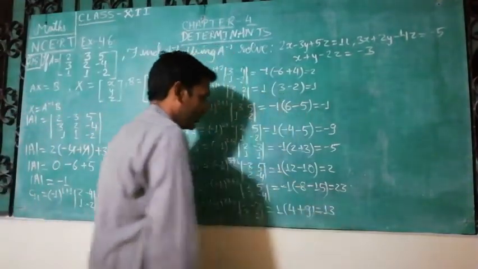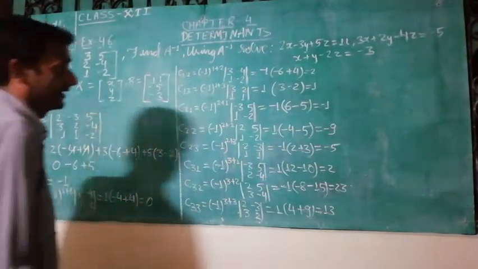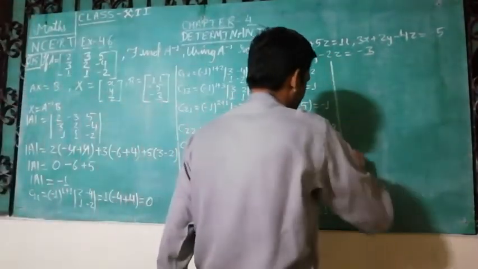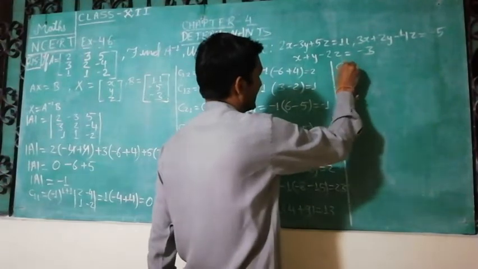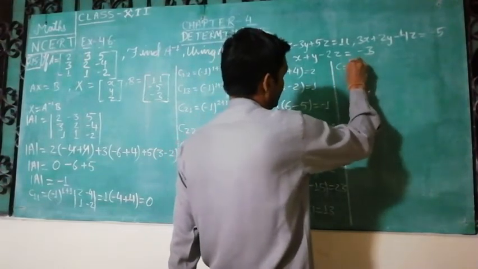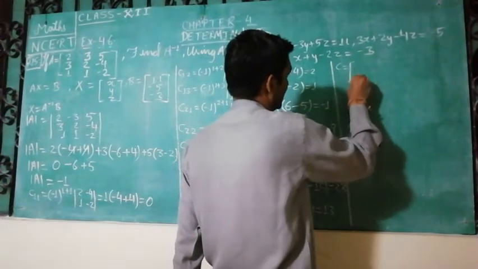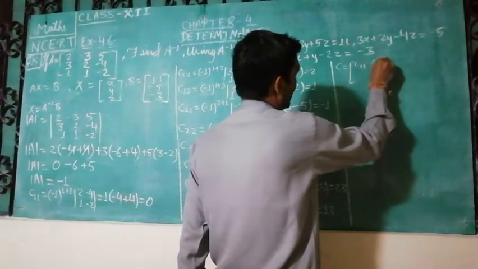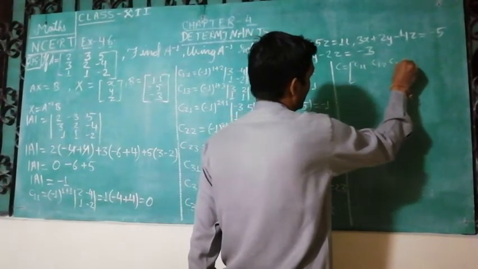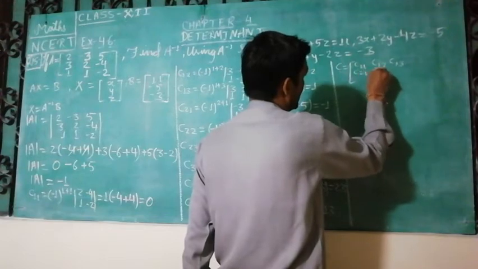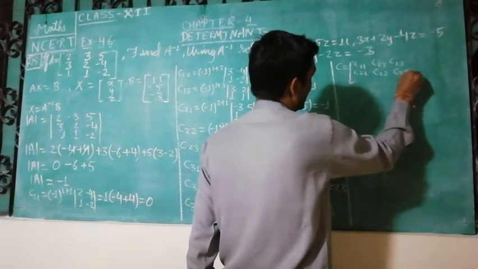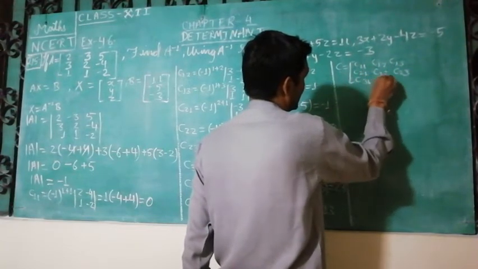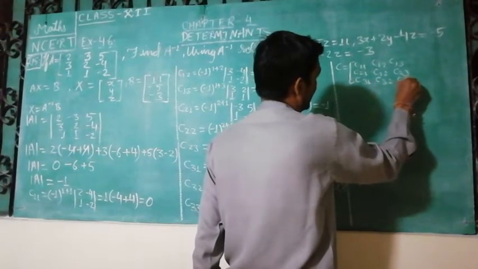Now let us find out the adjoint of A. First of all, C. C is equal to C11, C12, C13, C21, C22, C23 and C31, C32 and C33.